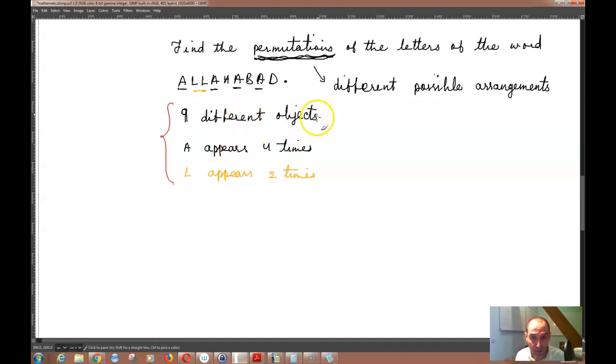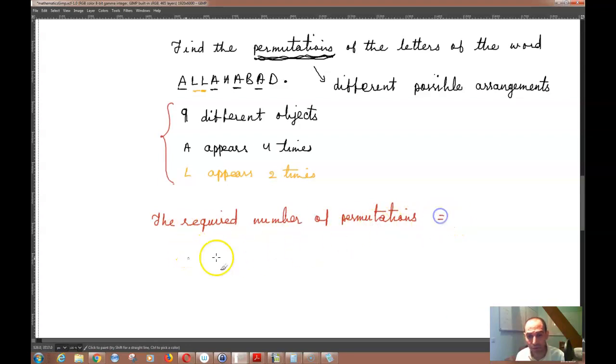Now, if I were to calculate the permutations of 9 different objects taken all at a time, that would be 9 factorial, right? So the required number of permutations would be, for these 9 different objects, 9 factorial.